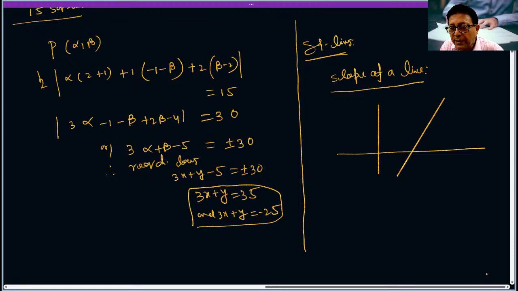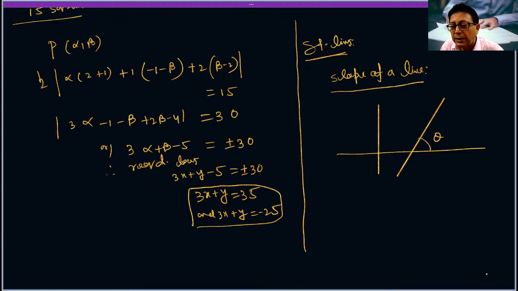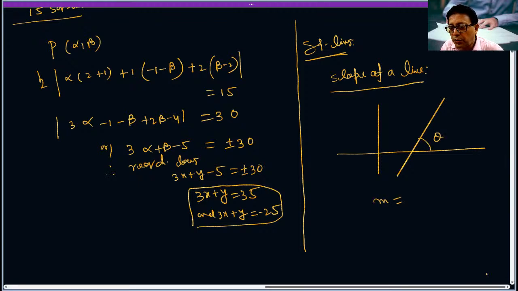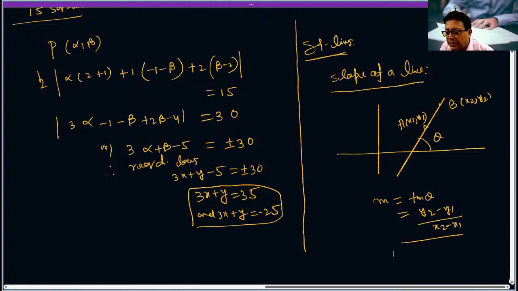Now to define, we will remember the slope of a line. This is m equal to tan theta, and when it passes through 2 points x1 y1 and x2 y2, this will be y2 minus y1 by x2 minus x1. Okay.